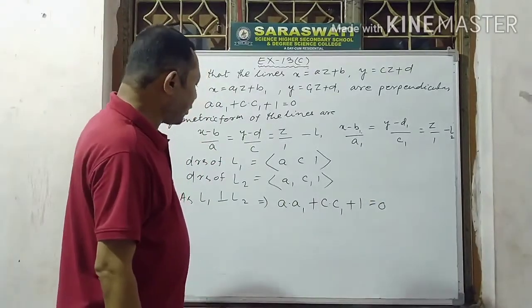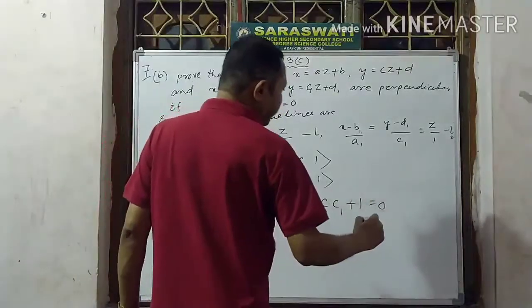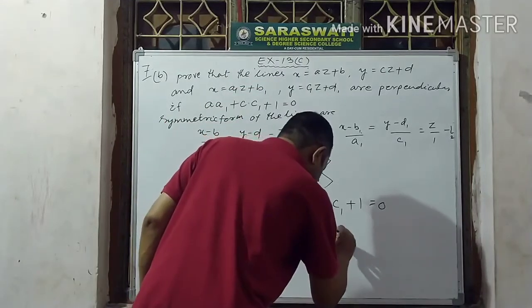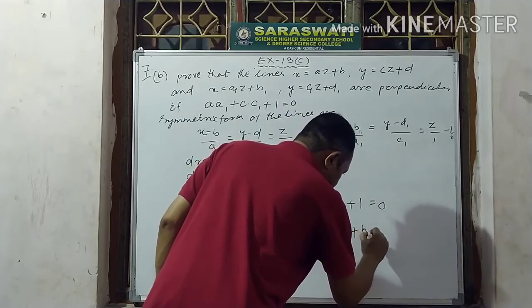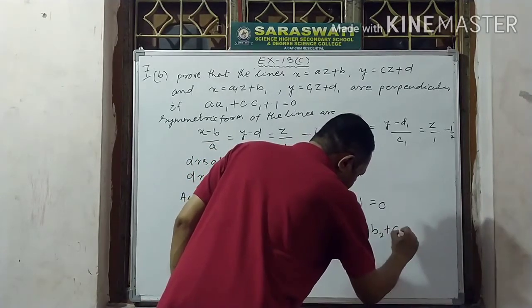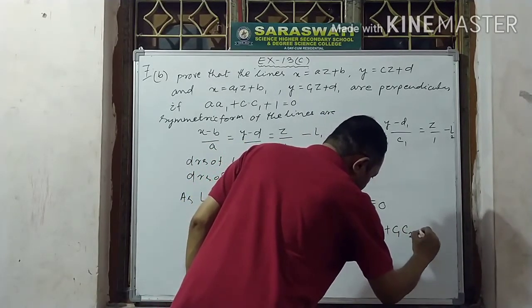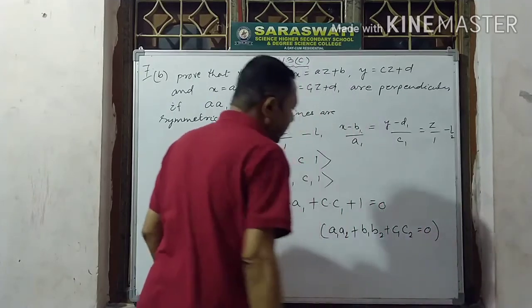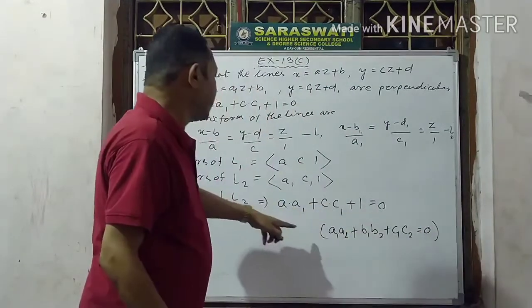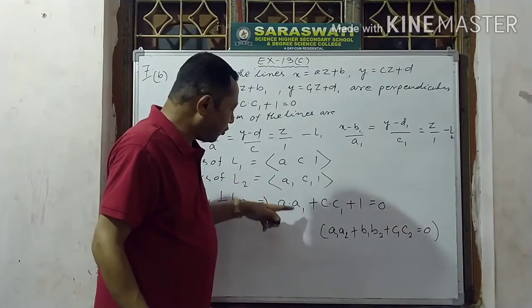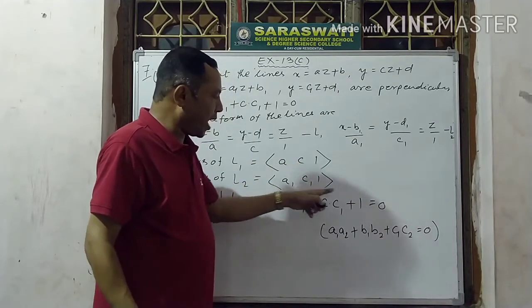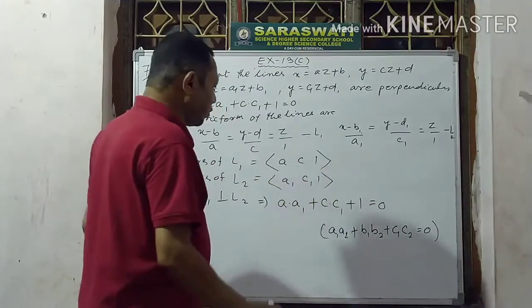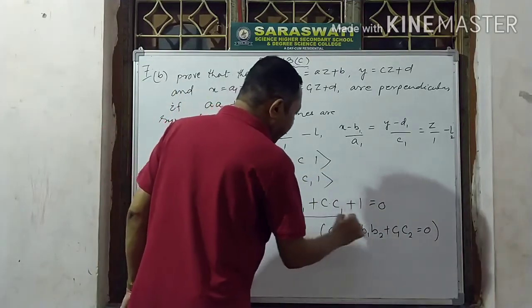Using this condition, we have here a into a1, c into c1, 1 into 1, equal to 0. So this condition is obtained.